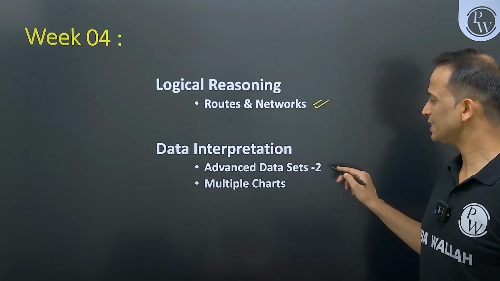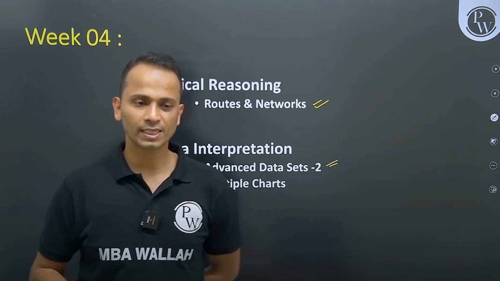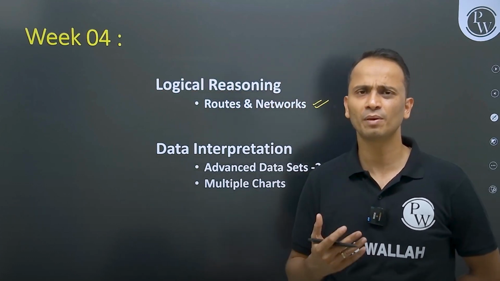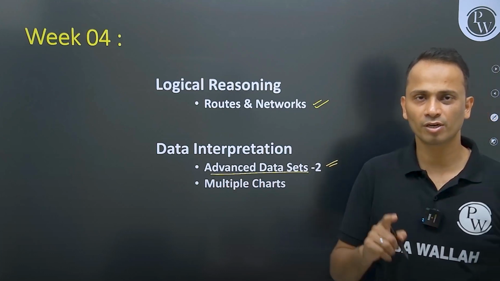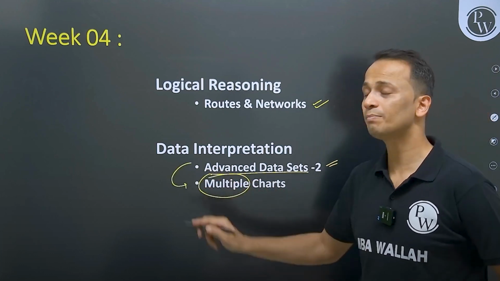Okay. Then as I told you, you can continue with advanced data sets, right? The remaining types of sets like spider charts, candlestick charts, and the different types of bubble charts. Okay, so you can practice these for one more day and then switch over to questions which have multiple data charts in a single set.